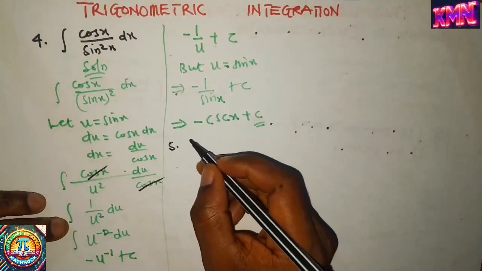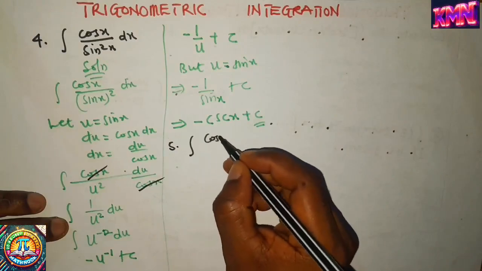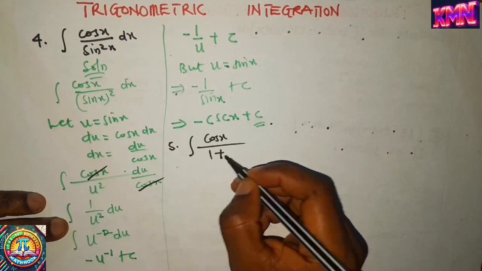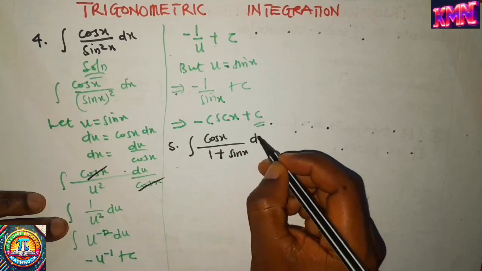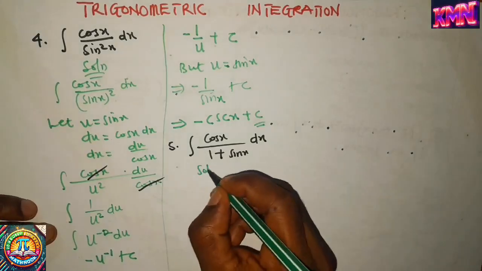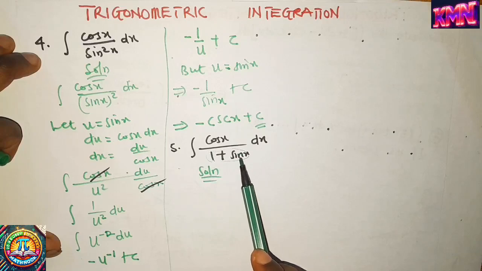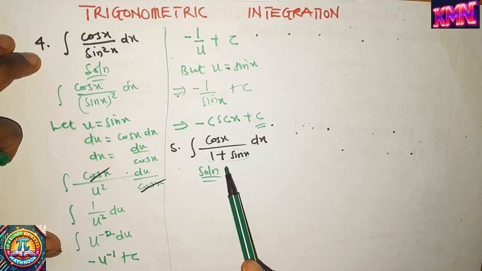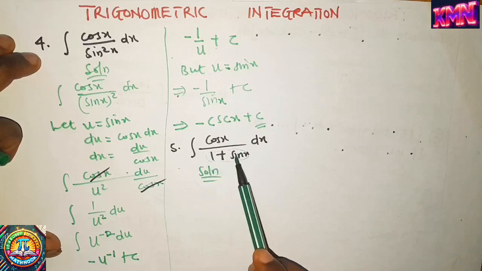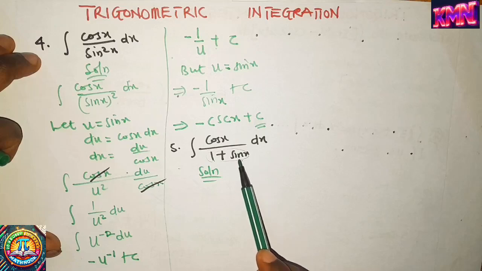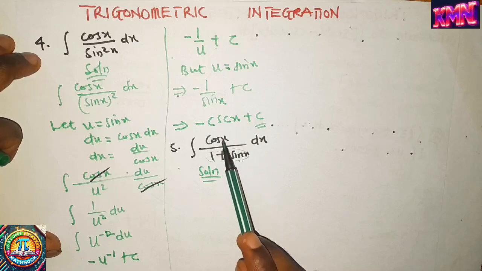Also, we are to integrate cosine of x on 1 plus sine x dx. In this problem, when we let the denominator 1 plus sine x be u, and we differentiate 1 plus sine x, we are going to have cosine, which of course will cancel out this.